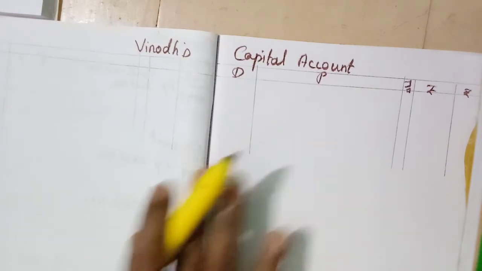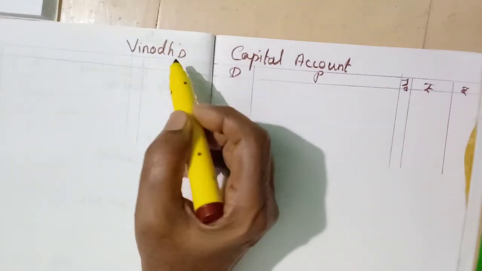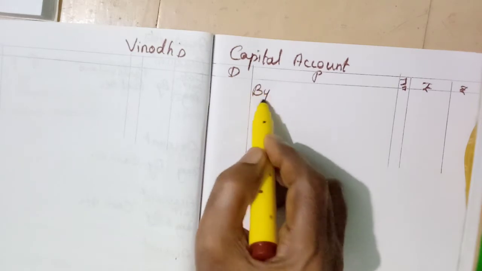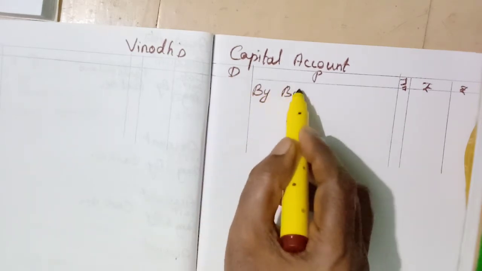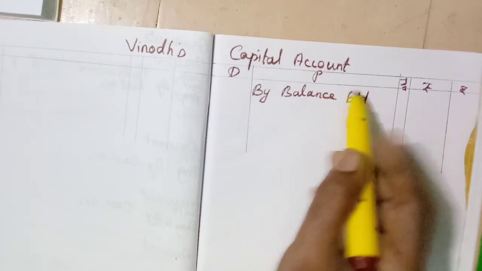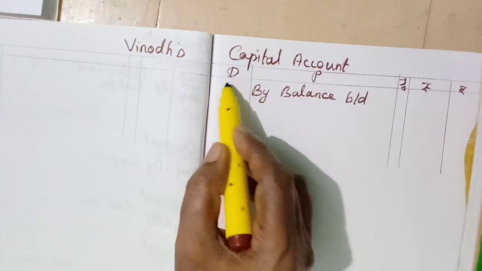So now we need to post this. Since it is opening balance, we can write Vinod's capital shows credit balance, isn't it? So by balance brought down. Date January 1, 2018.